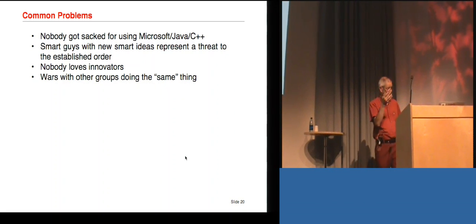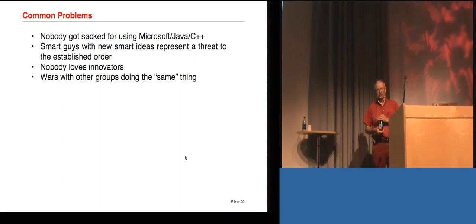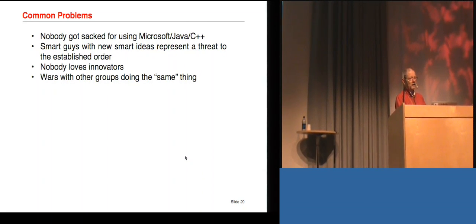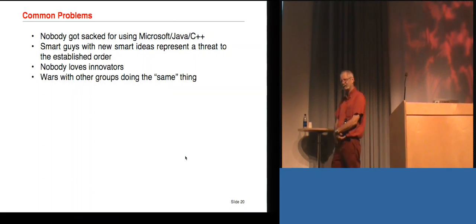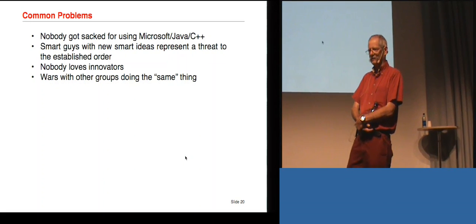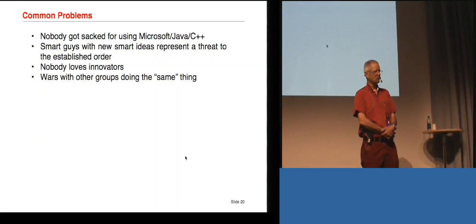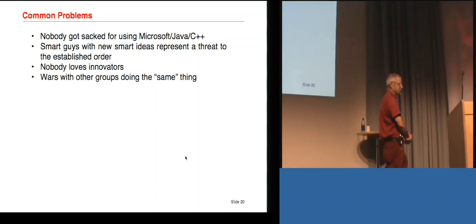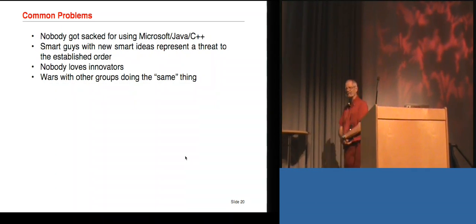Well, nobody got sacked for using Microsoft and Java and C++ ever, I don't think, because it wasn't a bad technical choice. Smart people with funny new languages that other people don't understand are very threatening to the established order. They really hate the idea that 10 Haskell programmers could do what 100 C++ programmers would do, that would be absolutely dreadful.